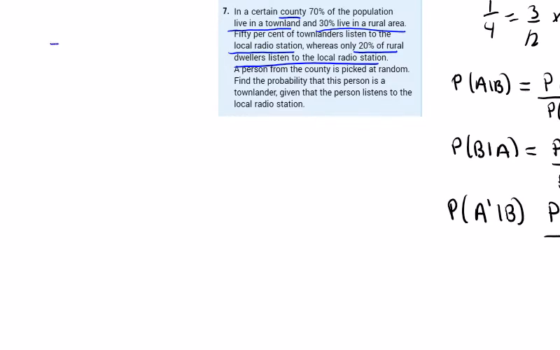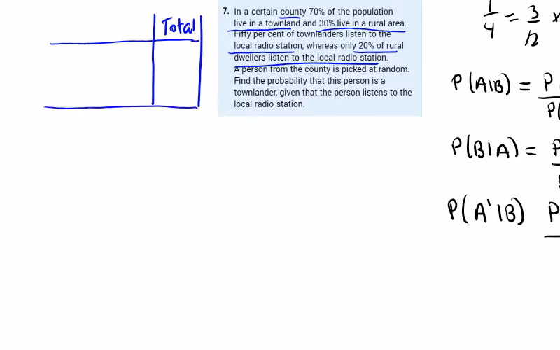So let's do a box up for that. We take this column as my total. I can put in over here where they live, and this is what they listen to. So they either live in town, townland, or rural.